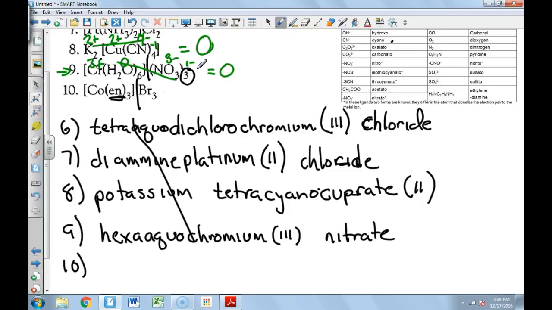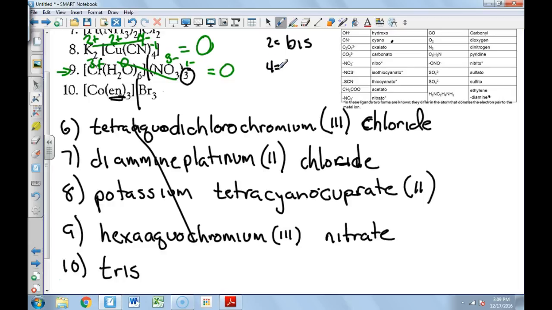Now there's 3 of them. The special beginning, if there's 3 of them, is instead of tri, we call it tris. If there's 2 of them and it's ethylene diamine, we would call it bis. Instead of bi or di, it would be bis.